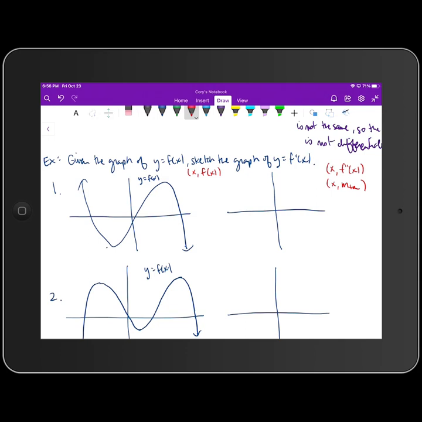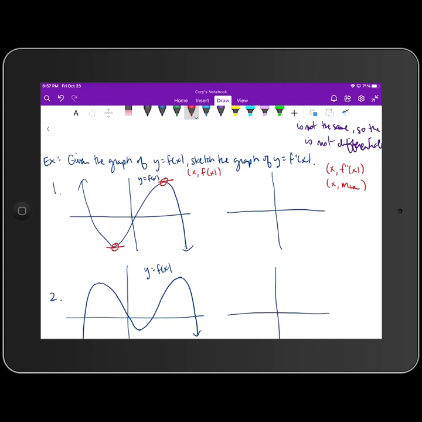So we have a horizontal tangent at this point, and we also have a horizontal tangent at that point. And the significance of that is, if we have a horizontal tangent, we know the slope of the tangent line at that point is 0.